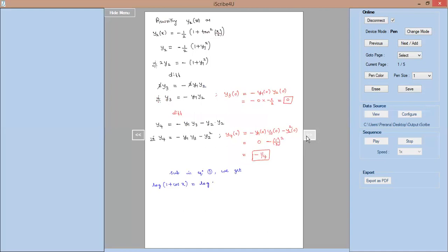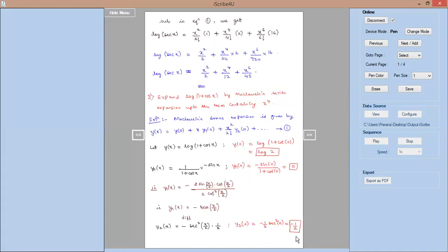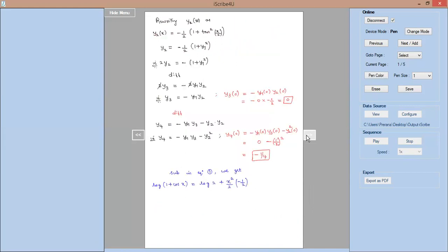I'll just consider the non-vanishing terms for you. Plus x into 0, we will have; next term will be x squared divided by 2 factorial into minus 1 by 2, since y2 of 0 is minus 1 by 2, plus x cubed divided by 3 factorial, which is 6, into 0, plus x power 4 divided by 4 factorial, which is 24, into minus 1 by 4.